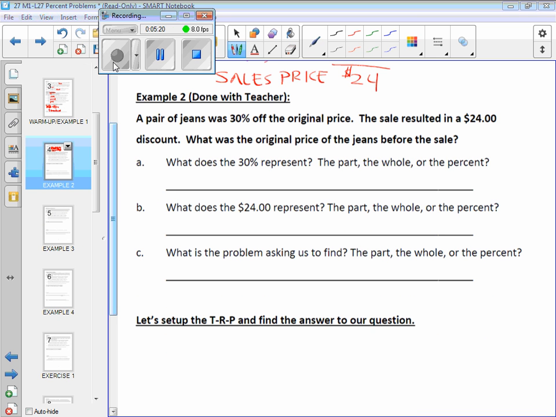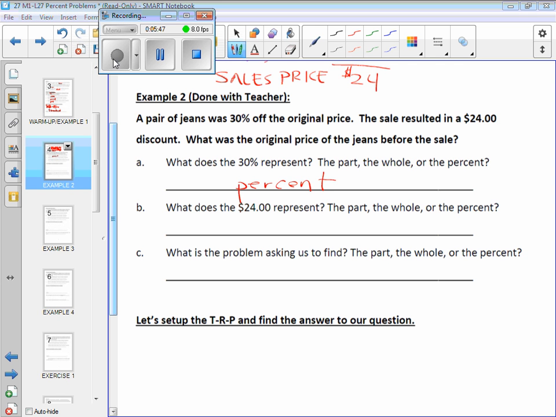Okay, example 2. Everybody do A, B, and C on your own. All right, 30%. Part, whole, or percent? Bridge. Good. Steven, the $24. Part. This is the part this time. Did you get that?